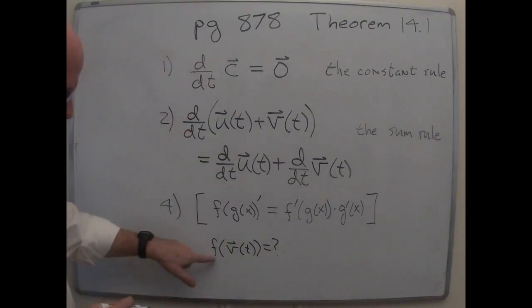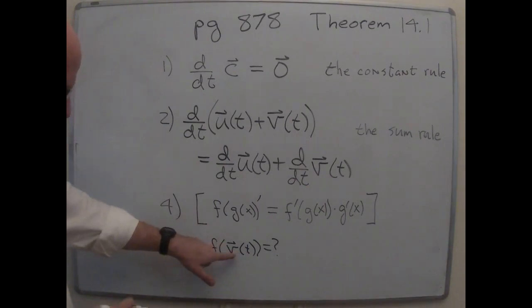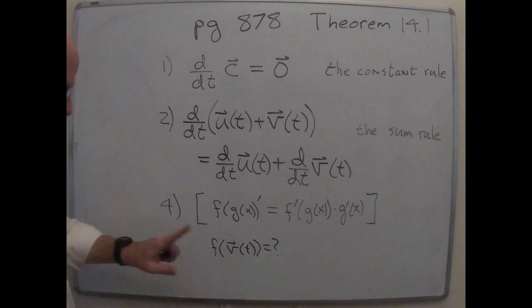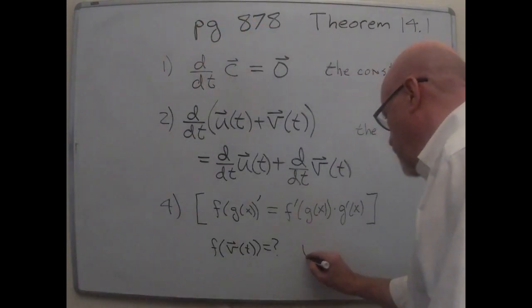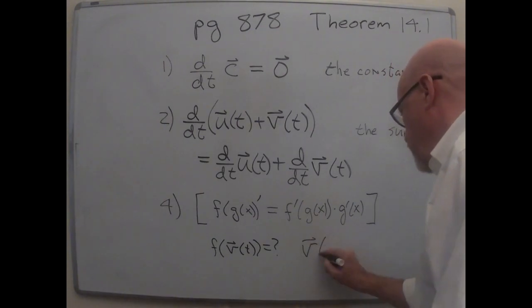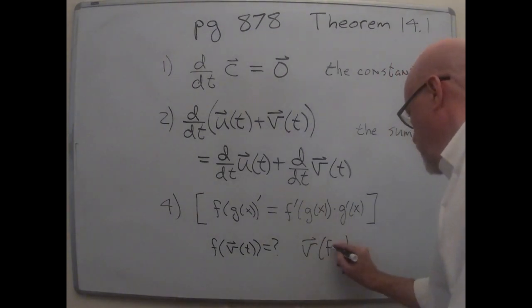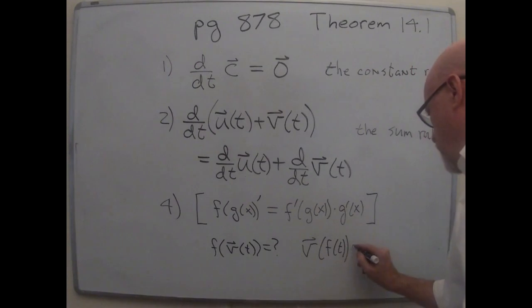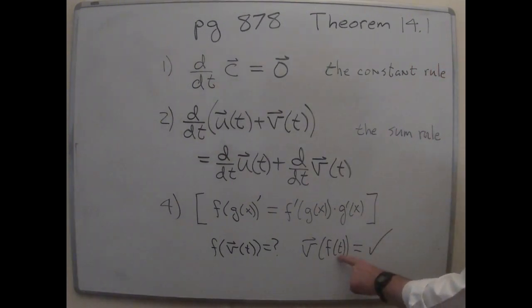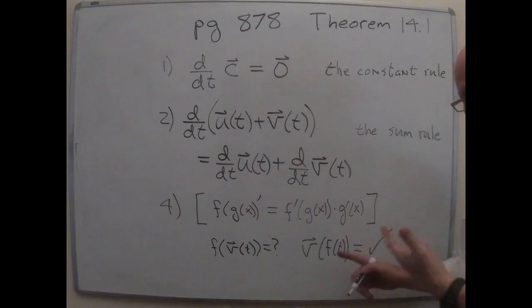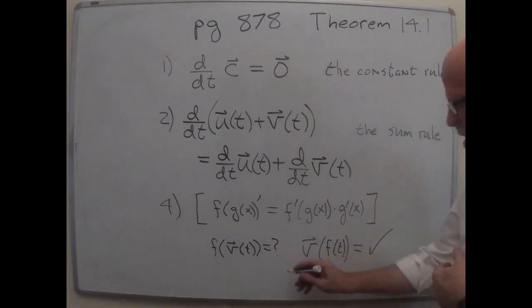If f is a scalar function, it needs a single number as input, and this is 3 or more numbers. So that doesn't make sense. But if we had a vector and instead of just t in it, it had some f of t, that does make sense. That's changing the time parameter before you feed it into the vector. You've still got something that can be computed.